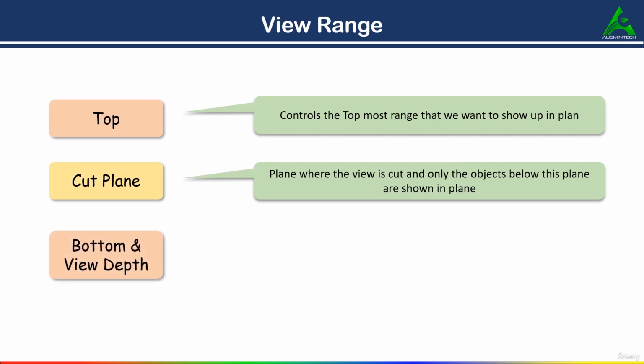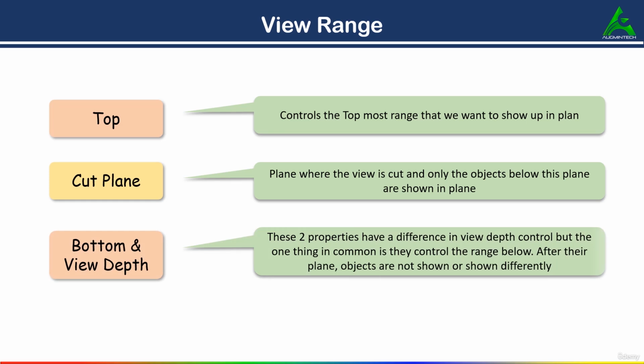Now the next are the bottom and view depth. These two properties differ in how they control depth, but one thing is common: they control the range below. After their plane, objects are not shown or shown differently. Suppose you have placed any object below the bottom, that object will not be visible in your plan view.